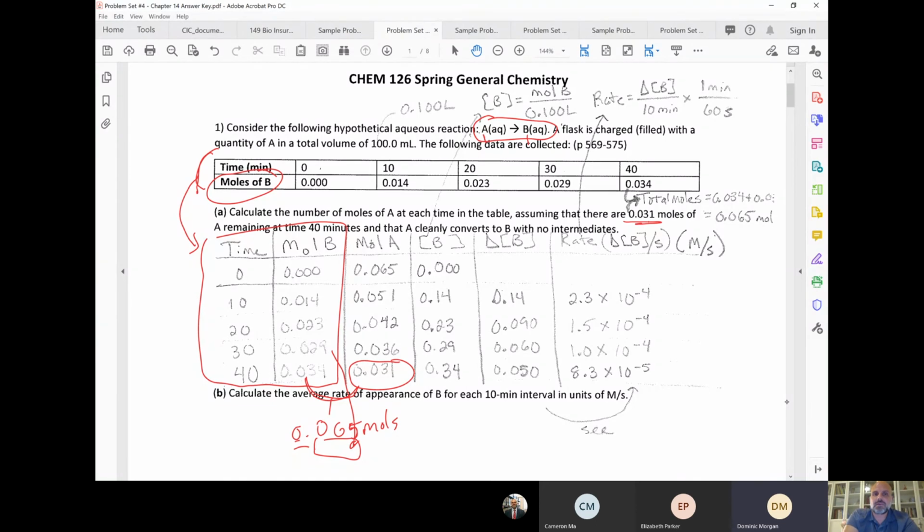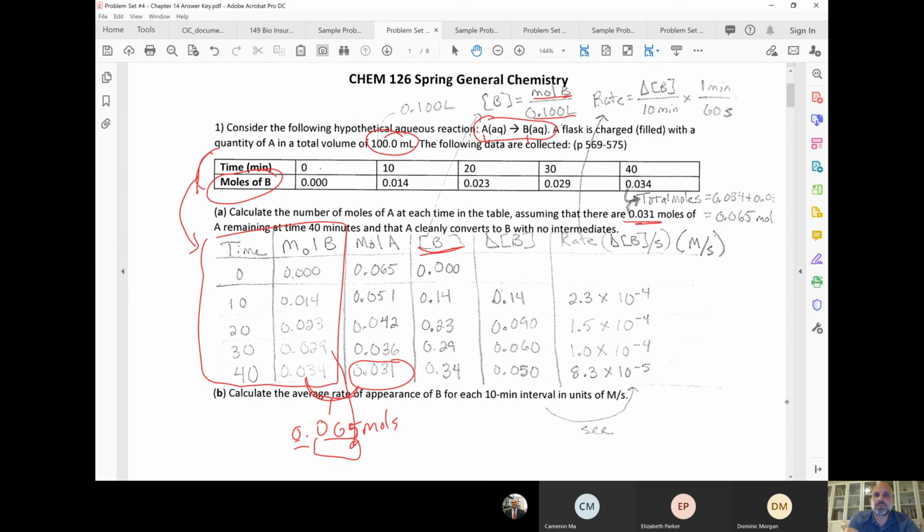Okay. So now, in order to calculate concentration of B, we're told that we have 100 milliliters of solution, and concentration is moles divided by volume, right?